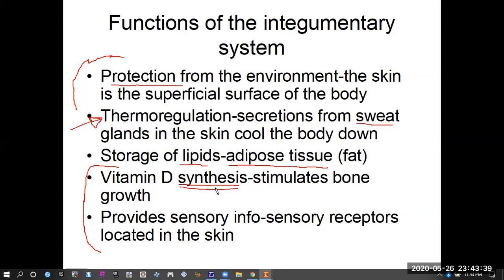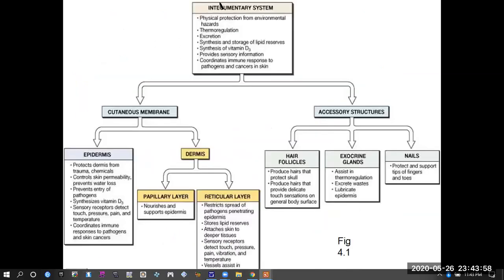And in the next section, we'll see how vitamin D is important for the skeletal system. As well as in lab, we'll study some of the various touch receptors, the sensory receptors that are embedded in the layers of skin.